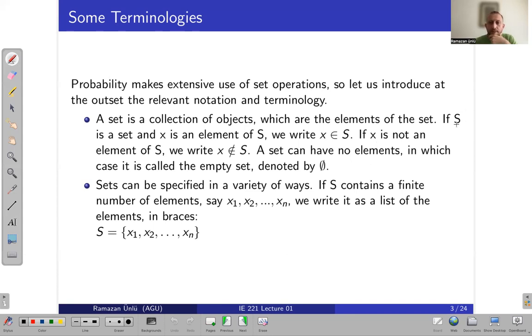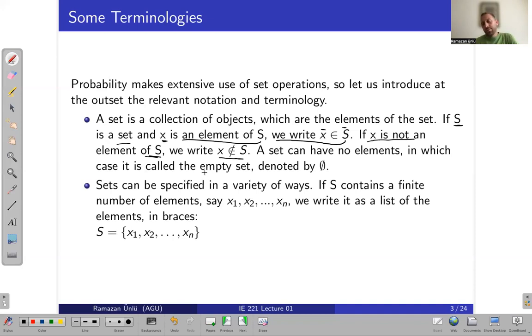If we define the set as S, and x is an element of S, so it's a member of S, we write it x in S. That means x is an element of S. This is simple, but I just want to be sure these things are concrete. On the contrary, if x is not an element of S, we write it as x not in S.